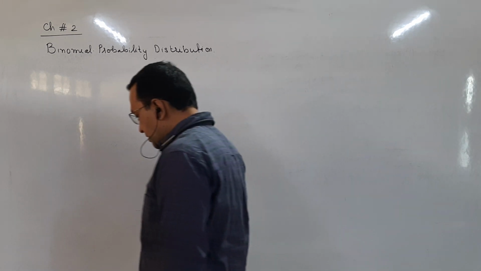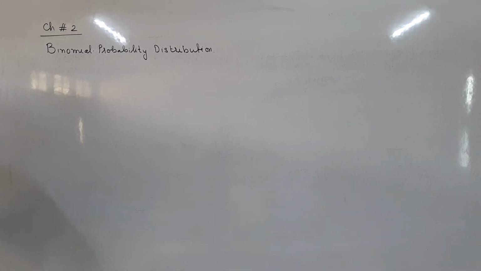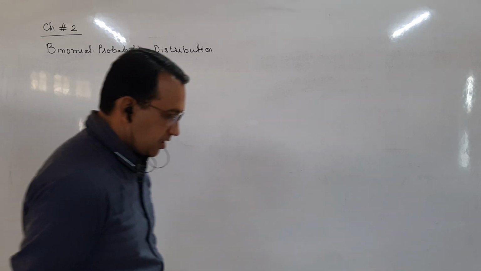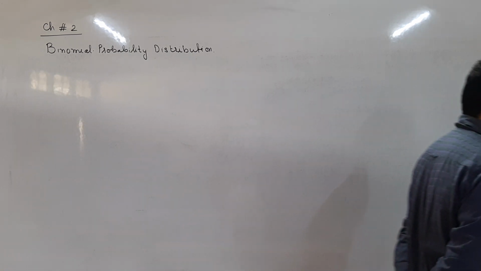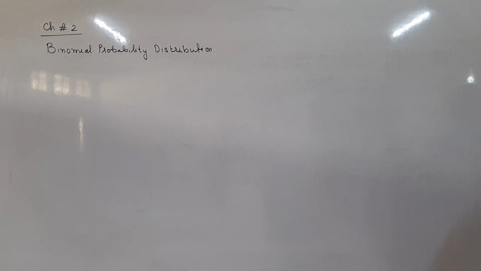Height, weight, temperature, weight of a newborn baby in the range of 0 to 5 kg, life of an electric bulb in the range of 100 to 500 hours. All these are, students, examples of continuous random variable.